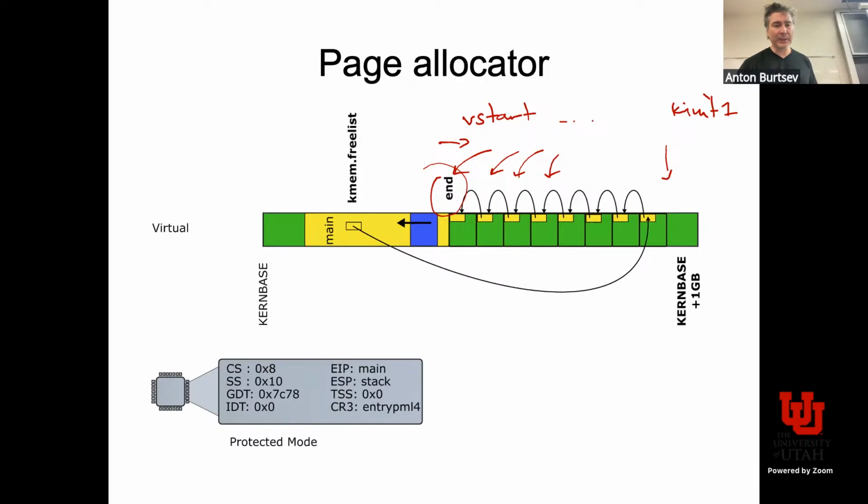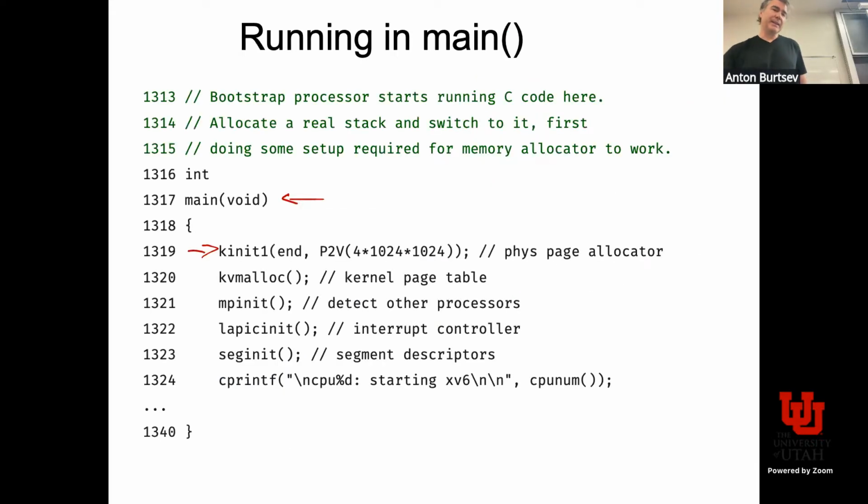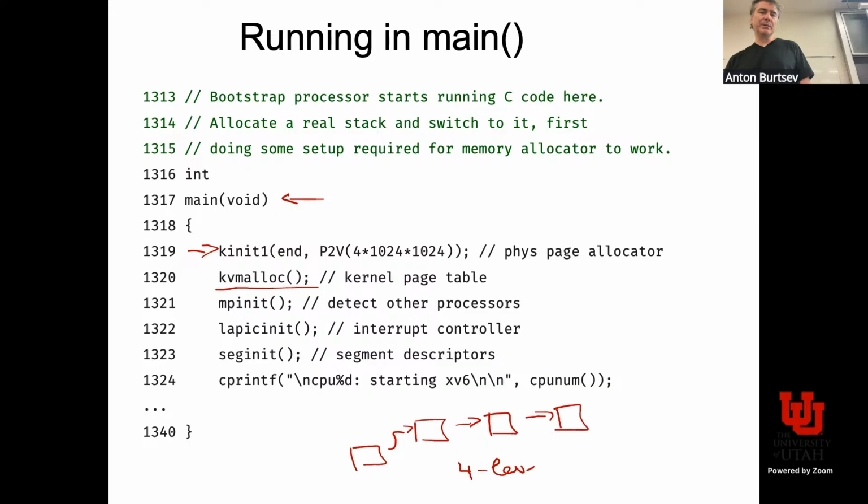What I wanted to remind you guys is that we're sitting in main, right? And I somehow lost my slide with main here. So the very first thing, our high level goal and the goal for today, is to execute this function. And this function will construct the very first real page table, which will have 4 levels and will map 4 kilobyte pages, right?